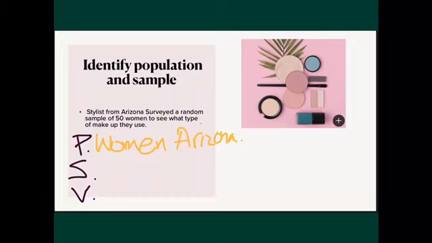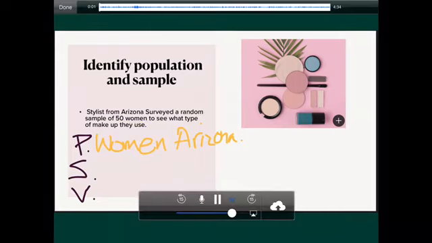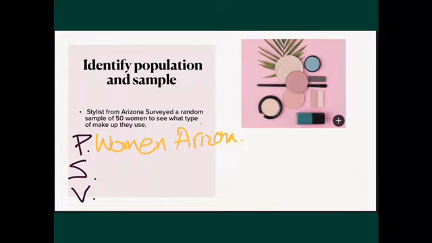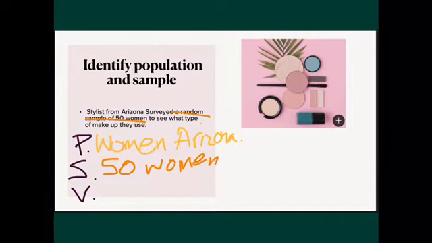Now the sample, let's see what could be the sample of this exercise. If you observe carefully, here it says a random sample of 50 women. So now the sample will be a random sample of 50 women. So here you write, for example, 50 women, from Arizona, or just 50 women. Now what is the variable?